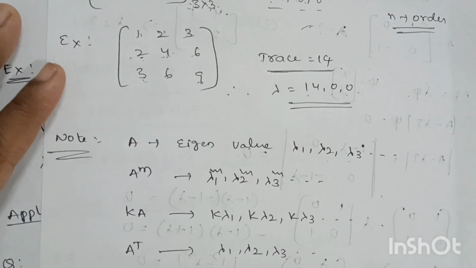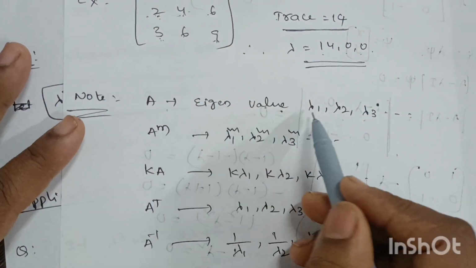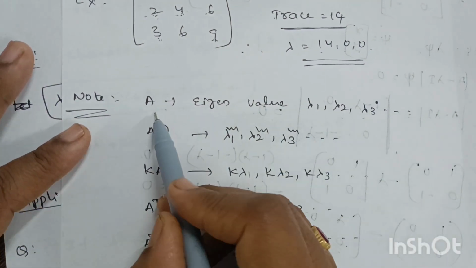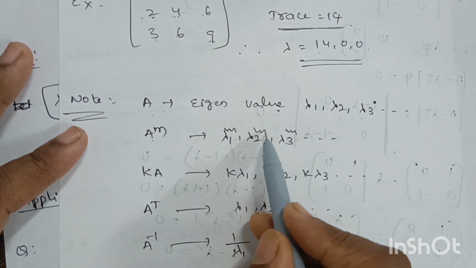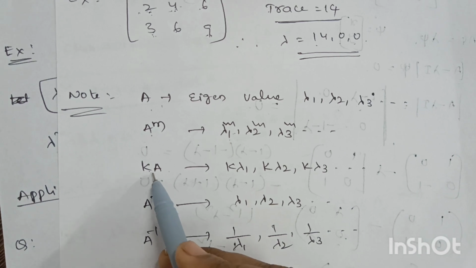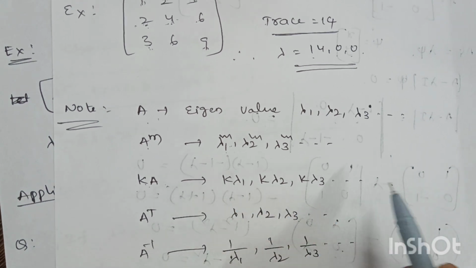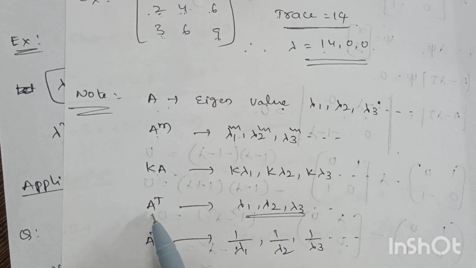Okay, and we have some more notes here. If lambda 1, lambda 2 are the eigenvalues of A, then the eigenvalues of A power m are lambda 1 power m, lambda 2 power m, like that. For K times A, the eigenvalues are K lambda 1, K lambda 2. For A transpose, the eigenvalues are the same.